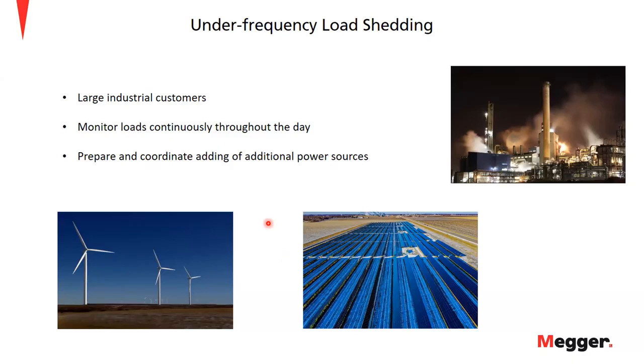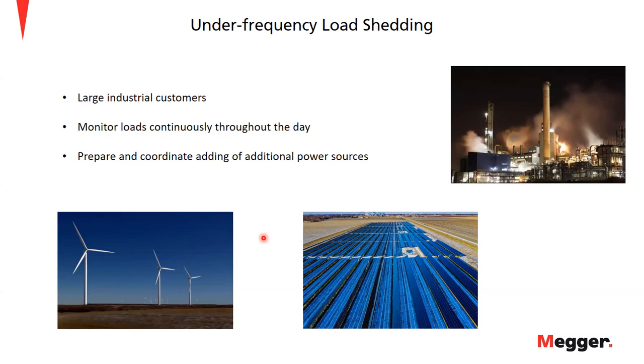In order to prevent the under frequency load shedding, the utilities are constantly monitoring loads. They have to monitor the load daily. They're monitoring it minute by minute, second by second. They're constantly monitoring the load.